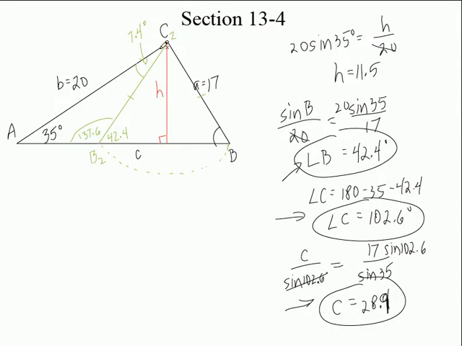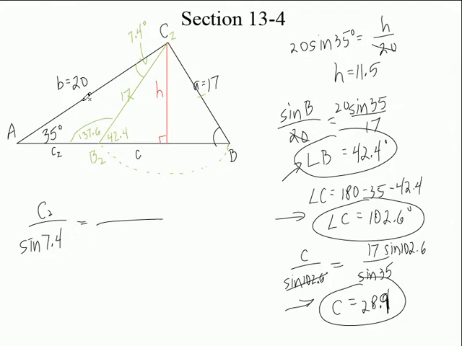This is still the same, isn't it? This is still 17, this side right here. I just have to find this side right here. And green's kind of hard to read, so let's do it in black again. So let's see what I'm going to do. I'm trying to find this, and that's opposite the 7.4. We'll call this little one C2. Is that all right? Because that's our new C. So watch what I do. I go C2 over the sine of 7.4 equals, and what else do I know?